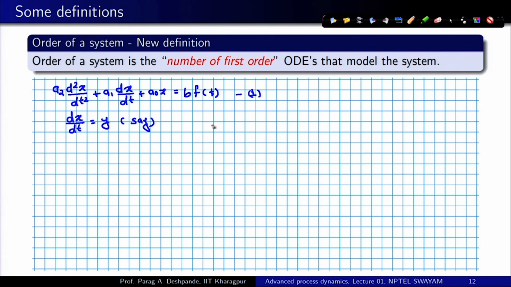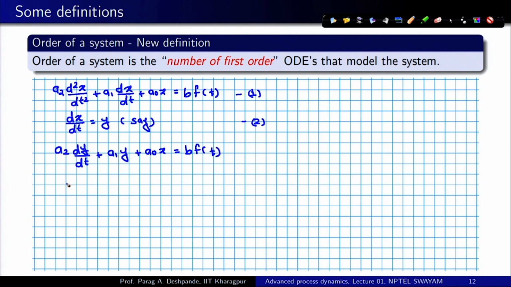So, what I will do is I will substitute dx by dt is equal to y in equation 1. So, I get A2 dy by dt plus A1 y plus A0 x is equal to b f of t. Okay.